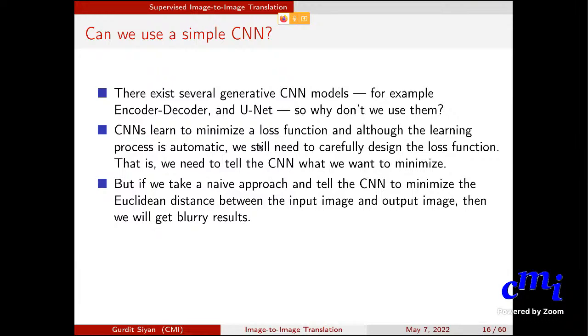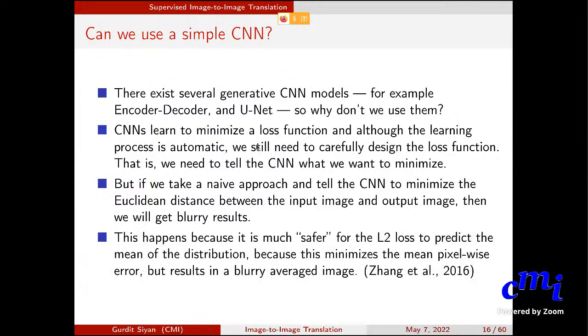The most common reason is that it is much safer for the generator to predict a blurry image, because the L2 norm tries to predict the mean of the distribution. If we predict a mean pixel between two edges, the L2 loss will be minimized, but that will result in a blurry average image.